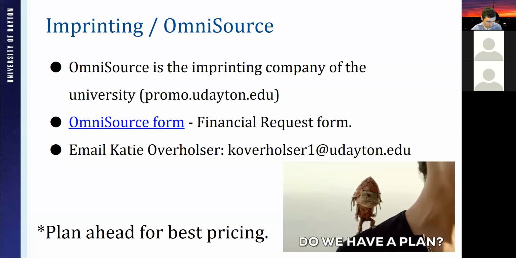Those are both ways to save some money on design costs like that. And the best piece of advice they had is to plan ahead. The more time you give them, the better pricing they'll be able to give you, because they can then order more of what you're trying to get in bulk and get a better price from their supplier on that end.